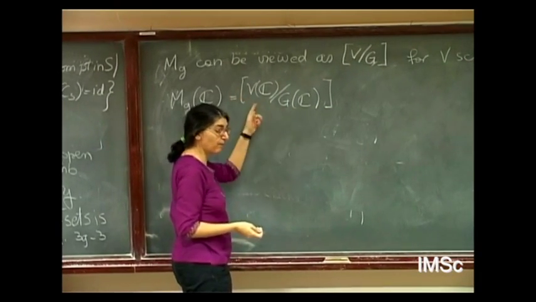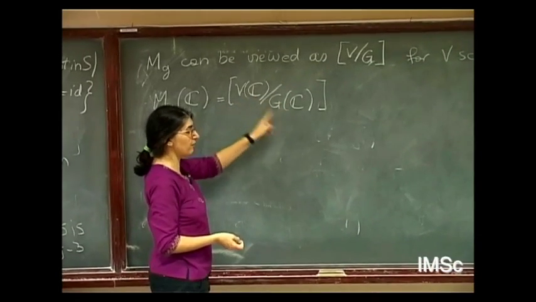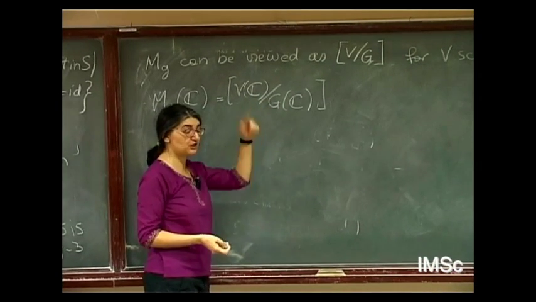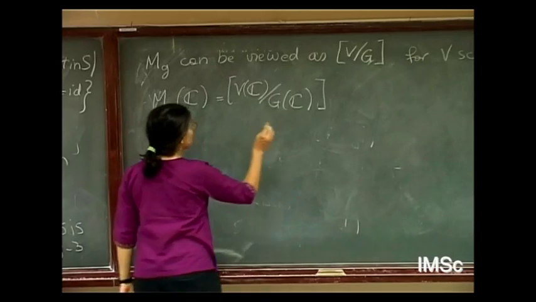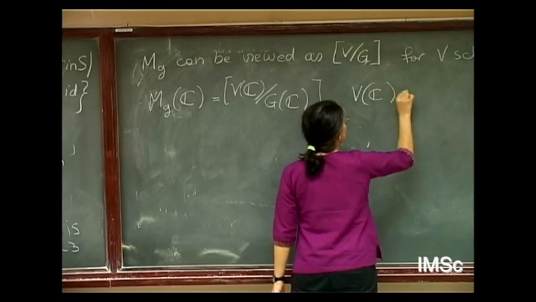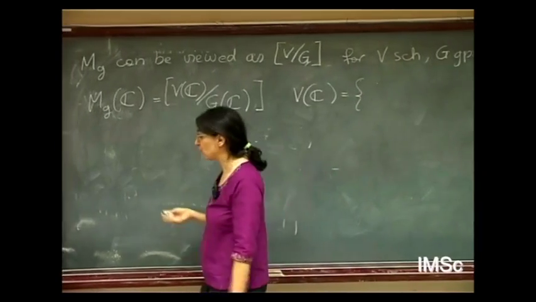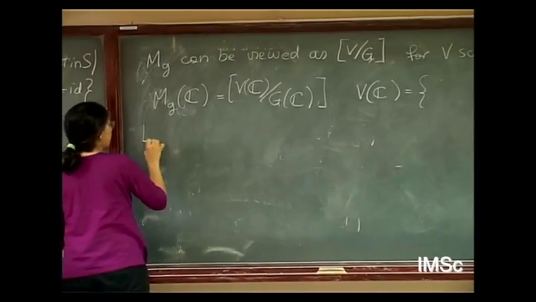So this is the groupoid where the objects are elements here, and the morphisms are group elements which send one to the other. So what I want to do is write V of C to be the data. So let me choose something natural.